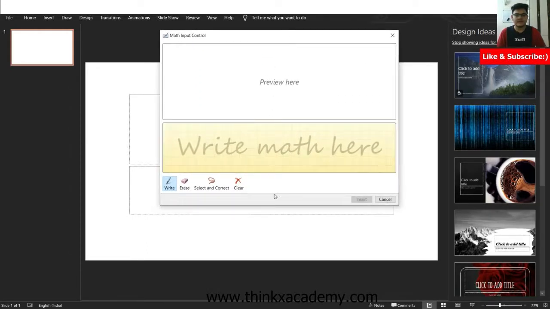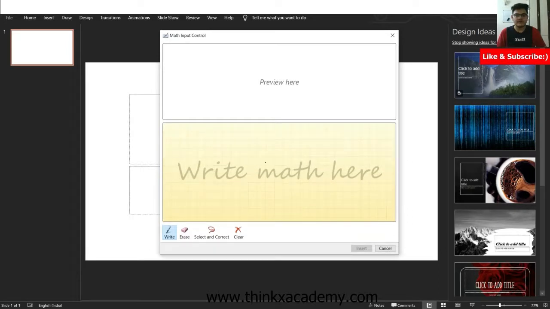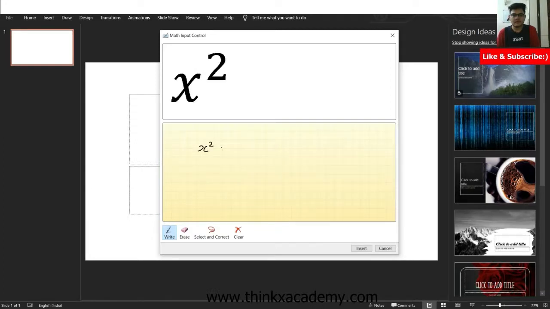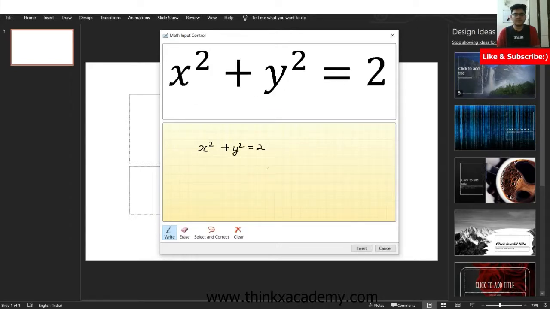If I write an equation here, let's say x square plus y square is equal to 2, you can see that I'm writing this whole equation in my own handwriting, and since this is an already trained artificial neural network, this whole equation is recognized as x square plus y square equals 2, which you can see is 100% accurate.